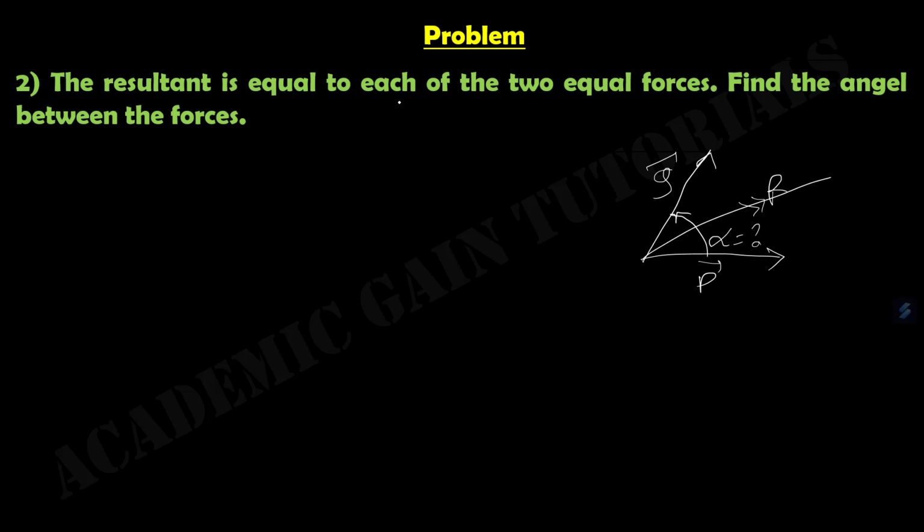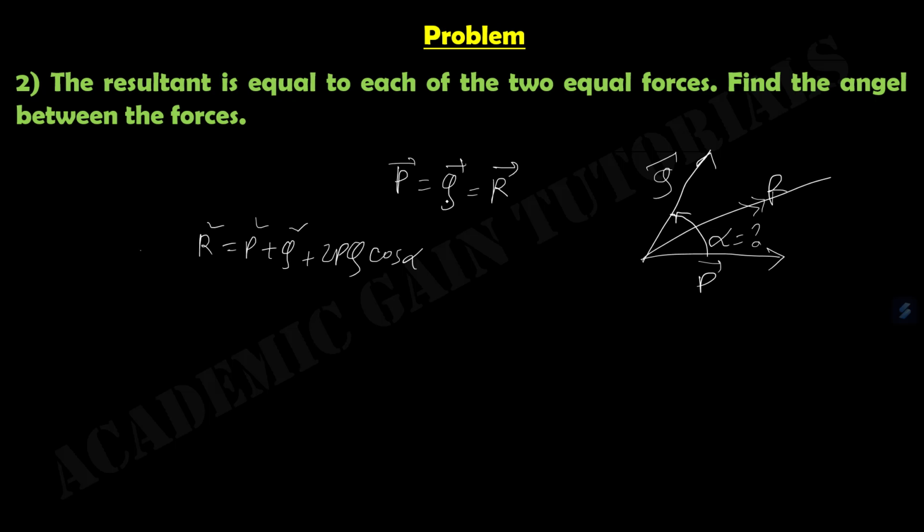Here, in the question, we get that the resultant is equal to each of the equal forces. So P and Q are equal, and the resultant is also equal. So P equals Q equals R. From the parallelogram formula, we know that R square equals P square plus Q square plus 2PQ cos of alpha.